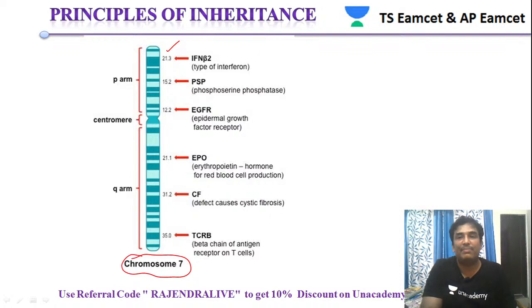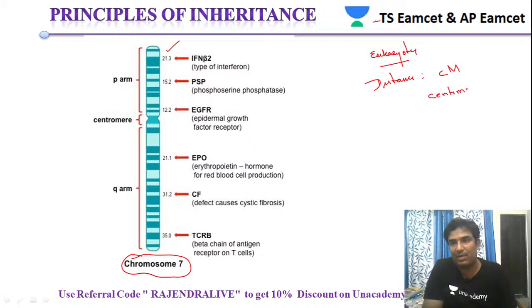So in eukaryotes, the distance is measured in a unit called cM, which means centimorgan. If you are measuring the size of a chromosome in eukaryotes, you will measure the distance in a unit called centimorgan.